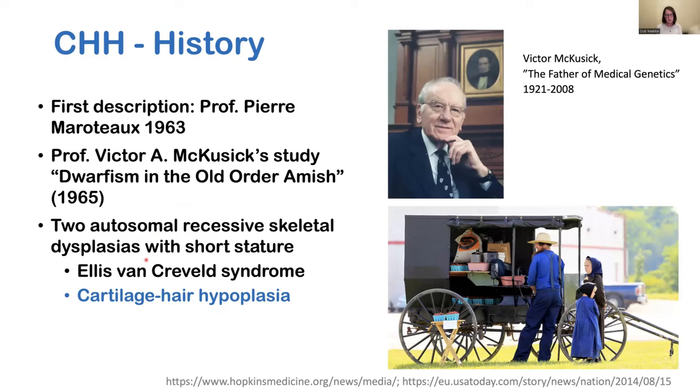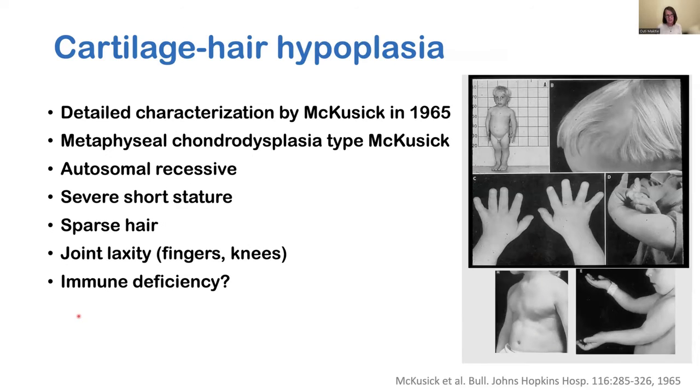The other one was Ellis-van Creveld syndrome, and the other one was cartilage-hair hypoplasia. Already in 1965, Victor Mäkitie had a really detailed characterization of the disorder, and it was also called metaphyseal chondrodysplasia type Mäkitie.